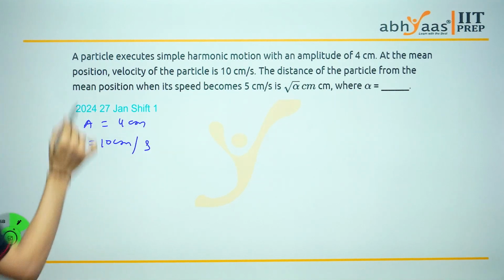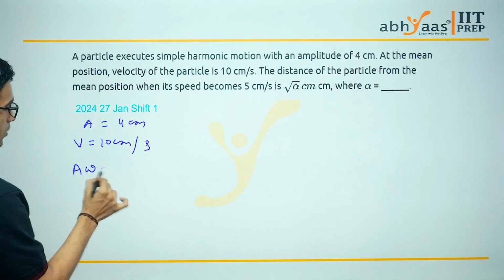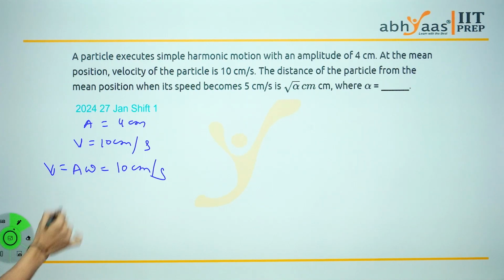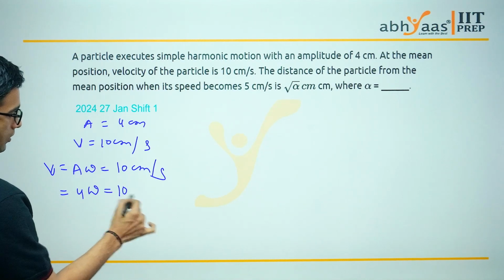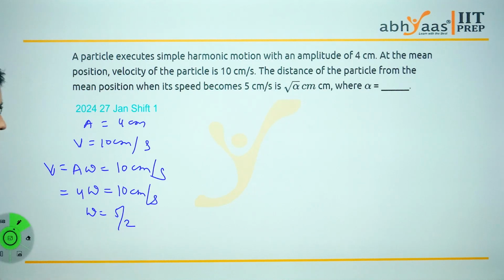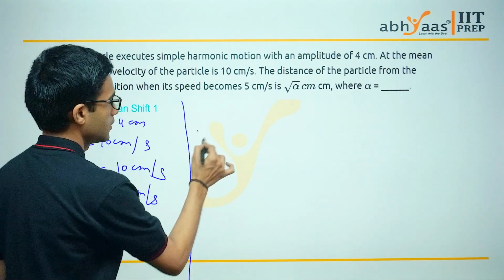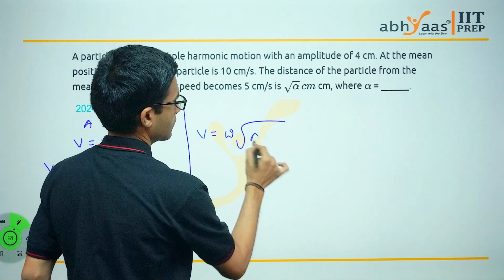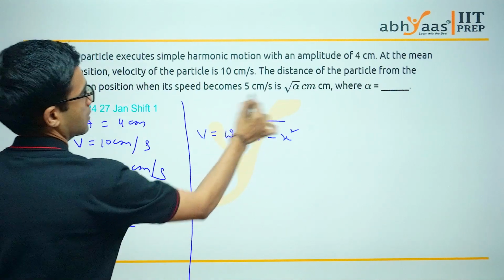You know that the maximum velocity at the mean position is a omega, equal to 10 centimeter per second, v equal to a omega. So if you substitute a as 4, 4 omega is equal to 10 centimeter per second, omega equal to 5 by 2. Now generally you know that v is equal to omega into root of a square minus x square.